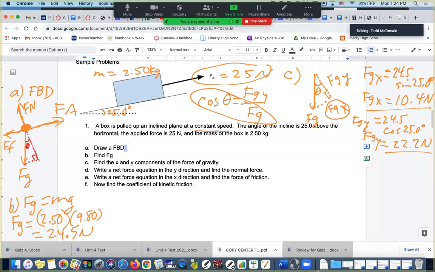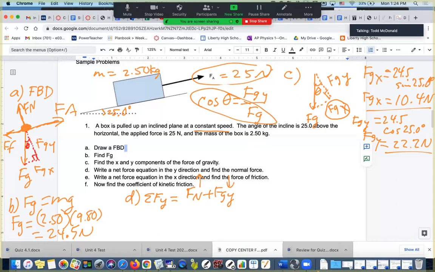Sorry, I'm moving all over the paper here. I'm going to do letter D right here. It says write a net force equation in the y direction and find the normal force. Looking back at my free body diagram, I have two forces in the y direction: a normal force, plus my force of gravity in the y direction, which is downward.